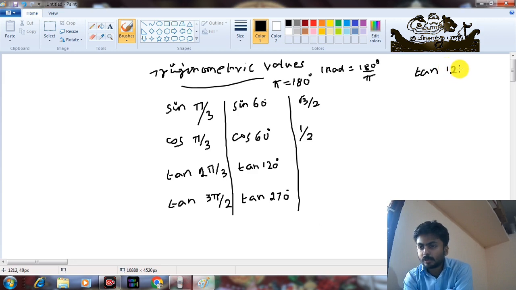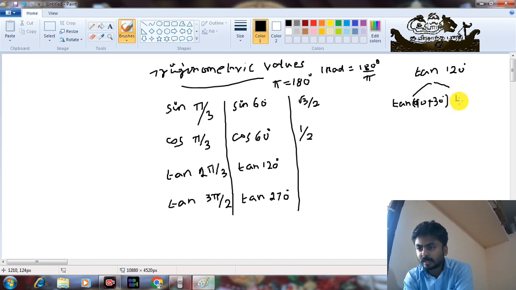Tan 120 can be written in two ways. One is tan 90 plus theta, that is tan 90 plus 30.